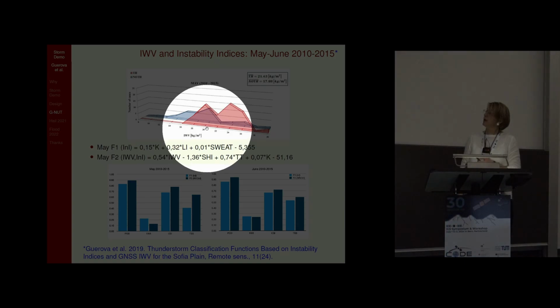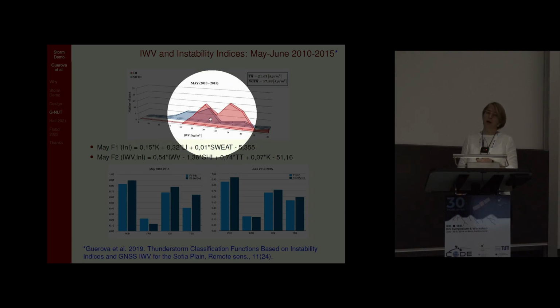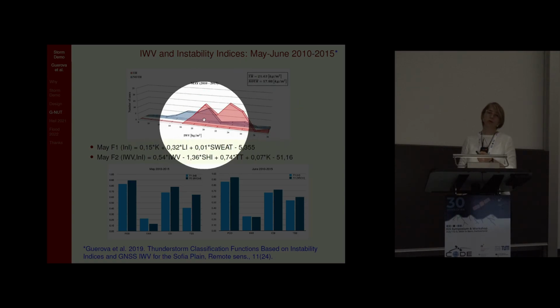And then you see those two plots. The red one is the days with very high values, and those are associated with thunderstorms. There is, however, a second peak with thunderstorms, which coincides with the peak of the days, the blue one, when there were no storms.